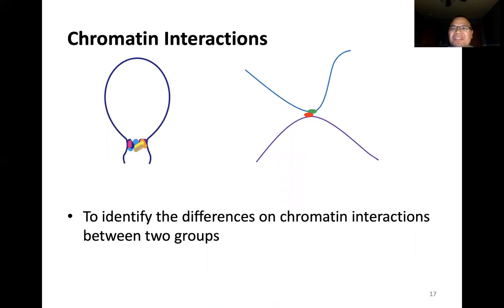It's called chromatin interaction. Chromatin interaction means that some locations on the chromosome, from one chromosome or two different chromosomes, can bind to each other through some molecules. In our research, we try to identify the difference in chromatin interactions between two groups.